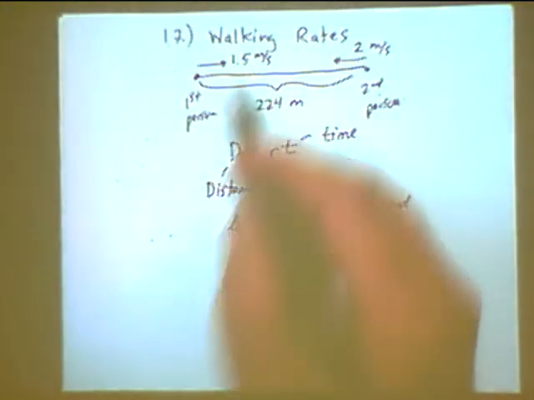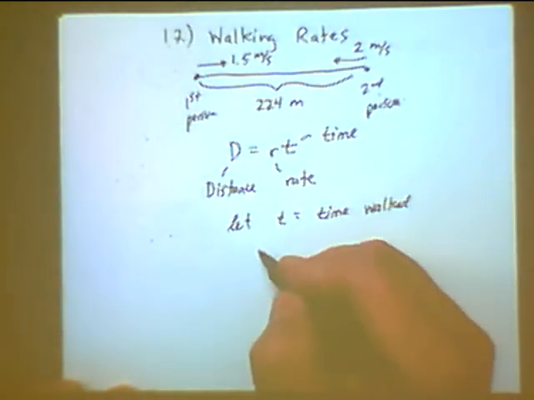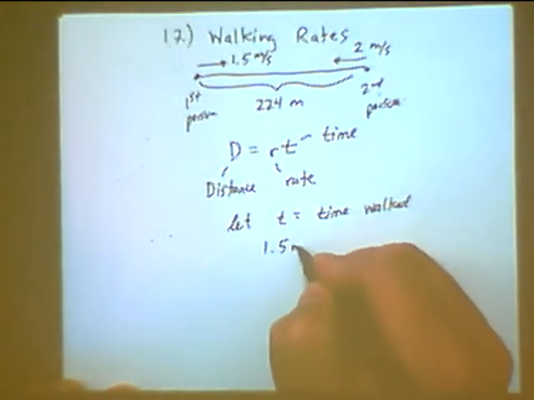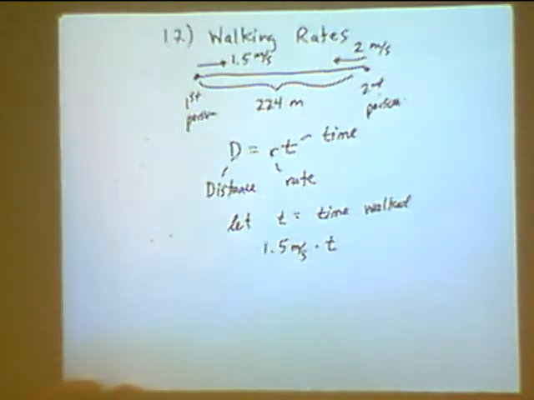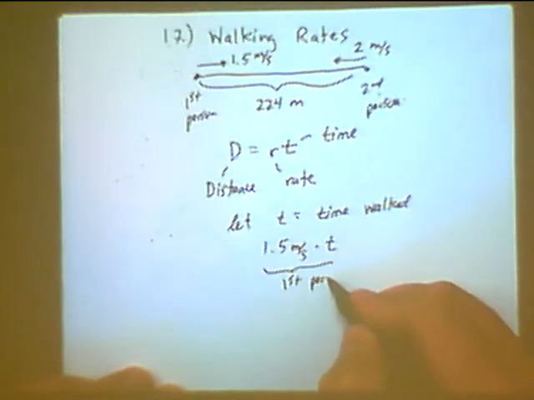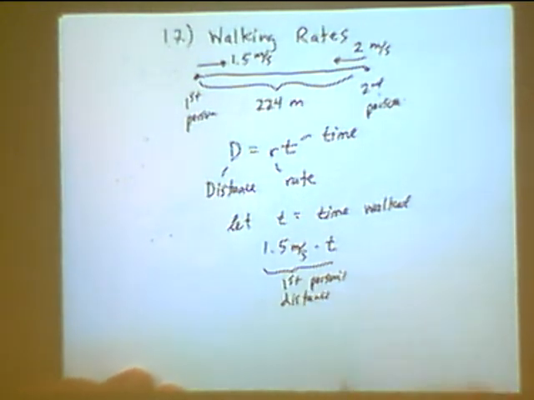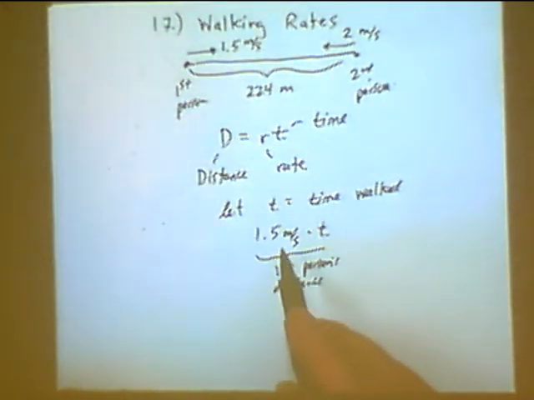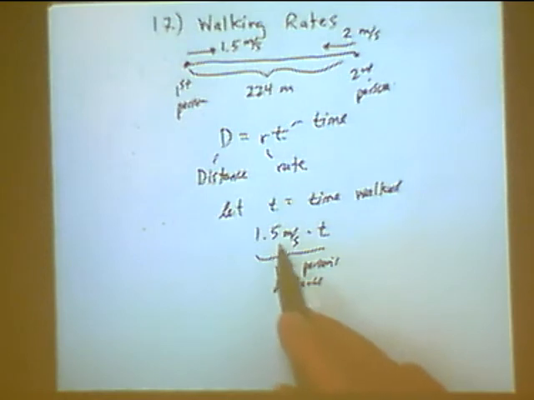So if I look at the first person and I say, how far did the first person walk? Well, they're walking at 1.5 meters per second, and they walked the amount of time T. So this is the first person's distance walked. This is the rate times the time, which equals the distance.